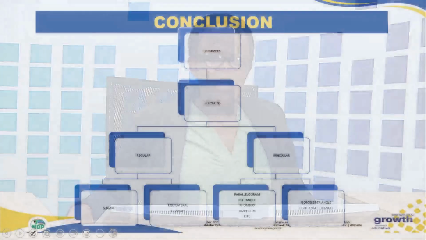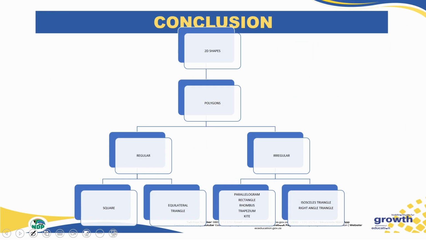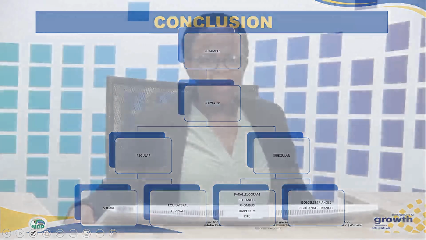Therefore, a rhombus, though the sides are equal, because the angles are not all equal, is irregular. A rectangle is an irregular polygon because only opposite sides are equal. Isosceles triangles, right angled triangles, trapezium, kite, and parallelogram are all irregular polygons.